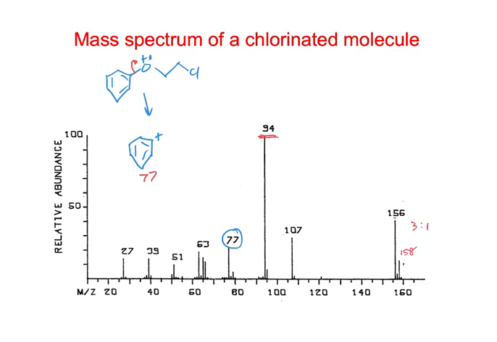There's a rearrangement. There has to be a rearrangement, right? Because this is an odd electron ion. This is an even electron ion. No, it's not. It's another odd electron ion.